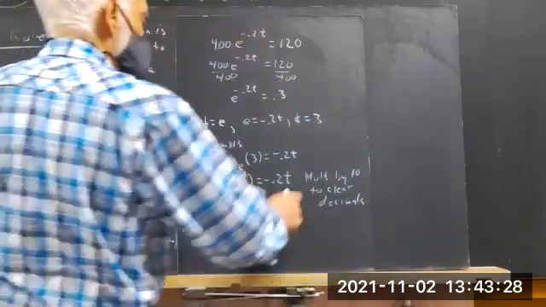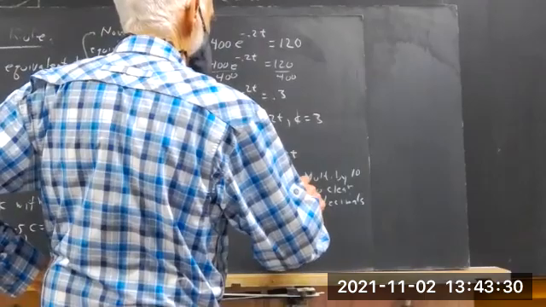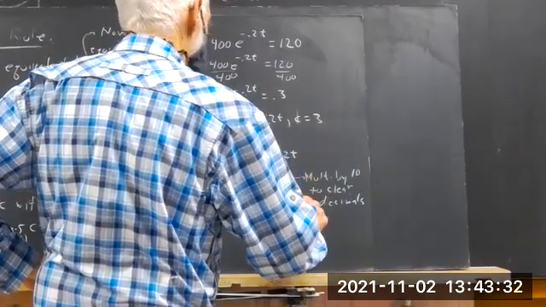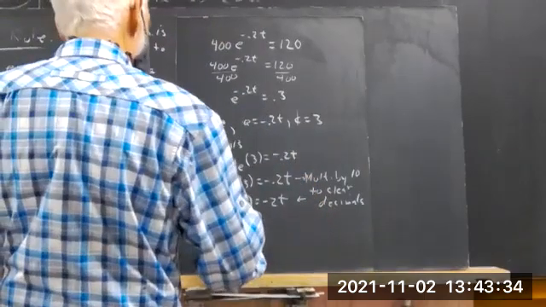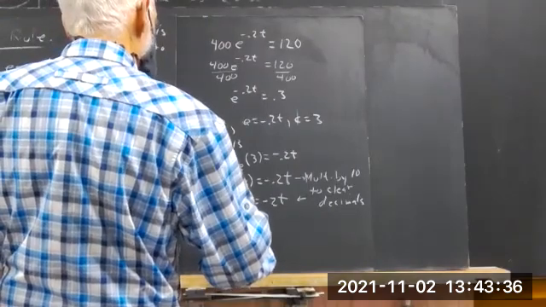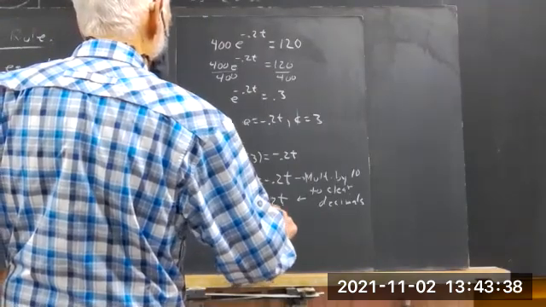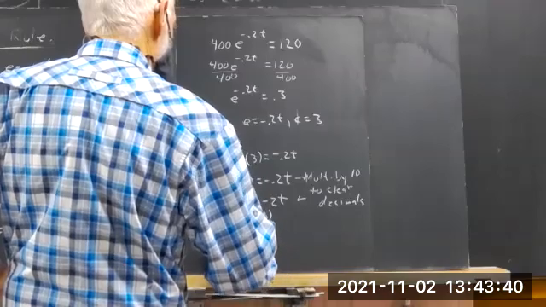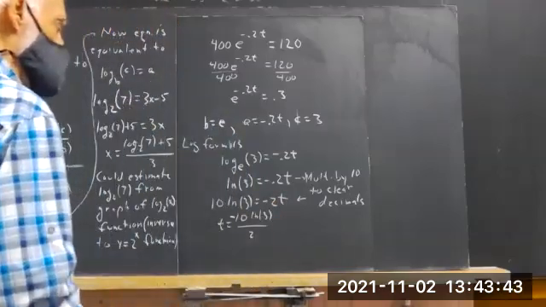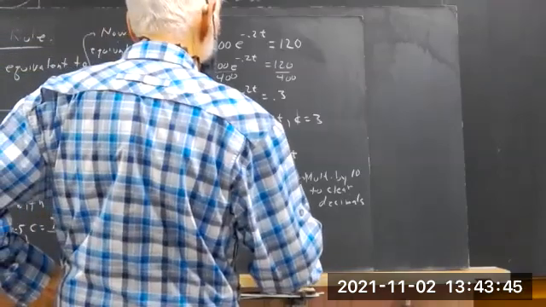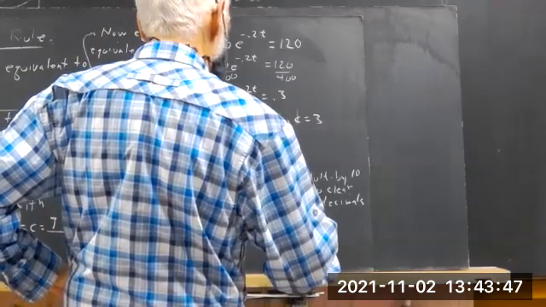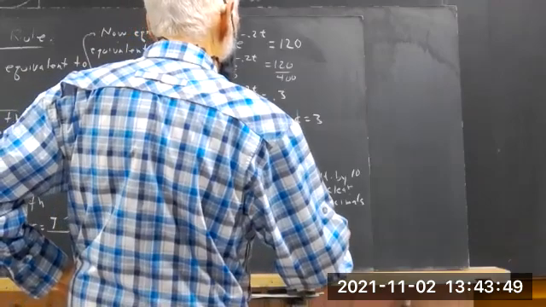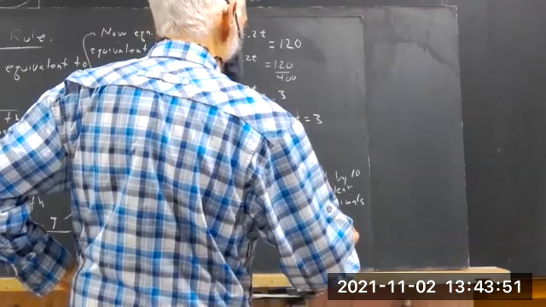Because when you've got decimals, it's real easy to get confused. And then we get t equals 10 times the natural log of 3 over negative 2, because you divide by negative 2. That's negative 5 times the natural log of 3.